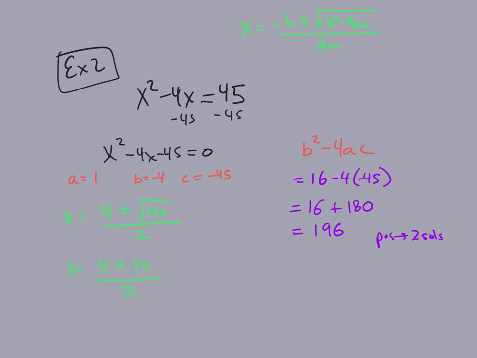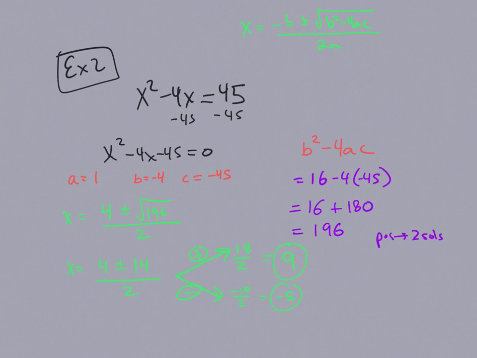This is what we practiced the other day. We can split this up to get my 2 answers. I have 4 plus 14, which is 18 divided by 2. So that is my plus branch, and my answer there is 9. And then my minus branch here, 4 minus 14 would be negative 10 divided by 2, which is negative 5. Those are my 2 answers.